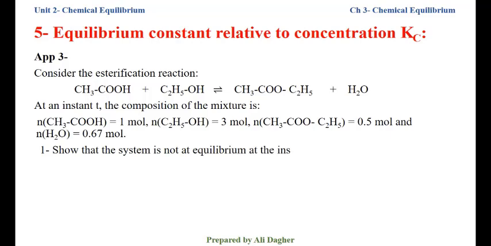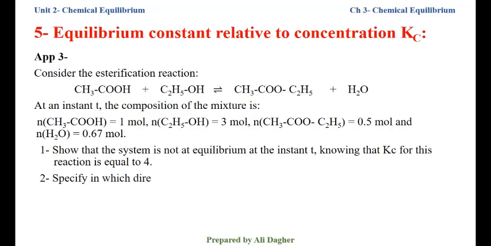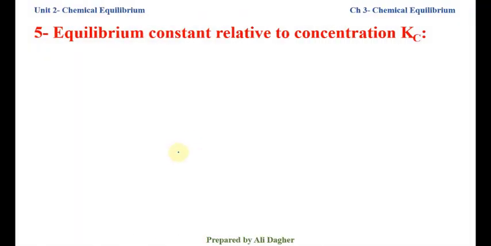Show that the system is not at equilibrium at the instant t, knowing that Kc for this reaction is equal to 4, and specify in which direction the system will proceed to reach the equilibrium. Okay, solution.